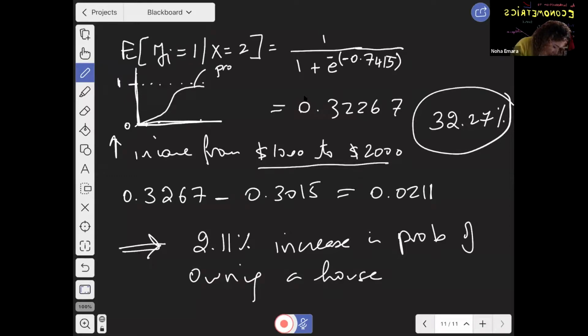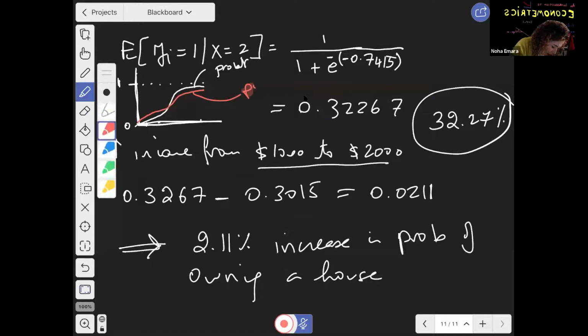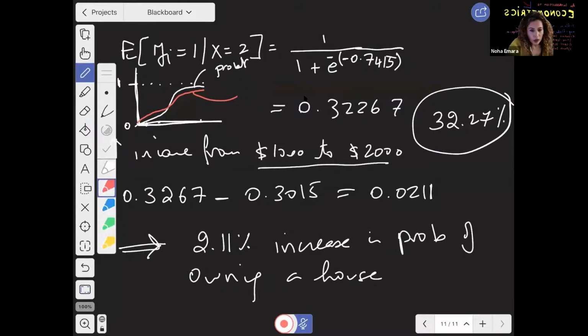The Logit model is actually very similar. It starts a little bit higher, right? And then it intersects, and then it's getting lower. So, sorry, this is the Logit. Okay, so the difference between the two is very, very small.